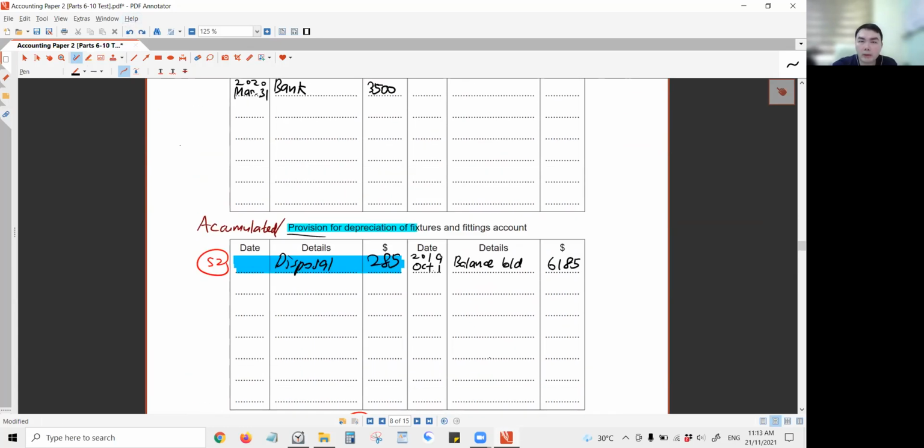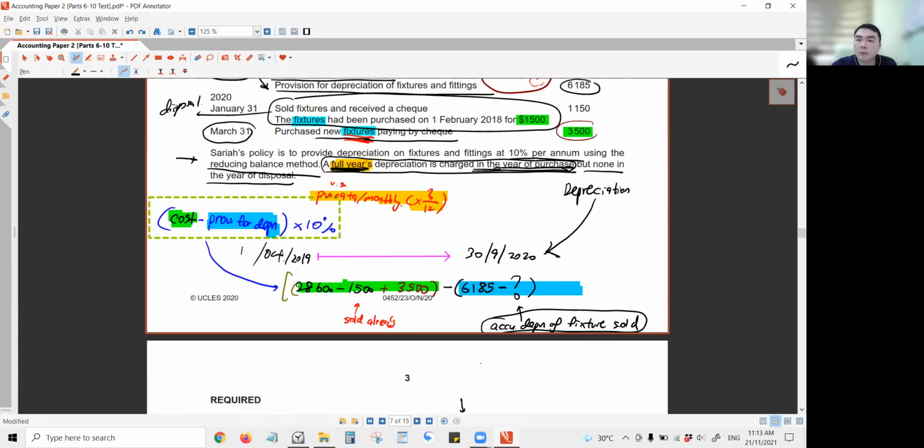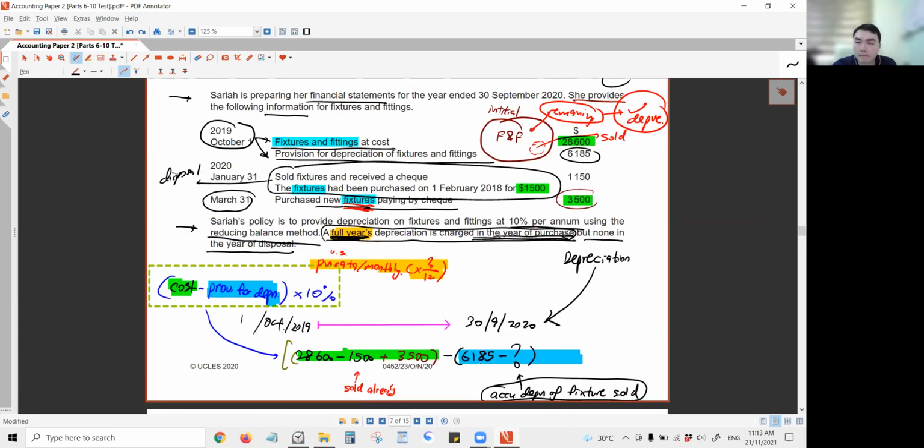And why isn't it 150? Where is 150? I guess you had taken 1500 and times the 10%. No, that's not how we got the figure.